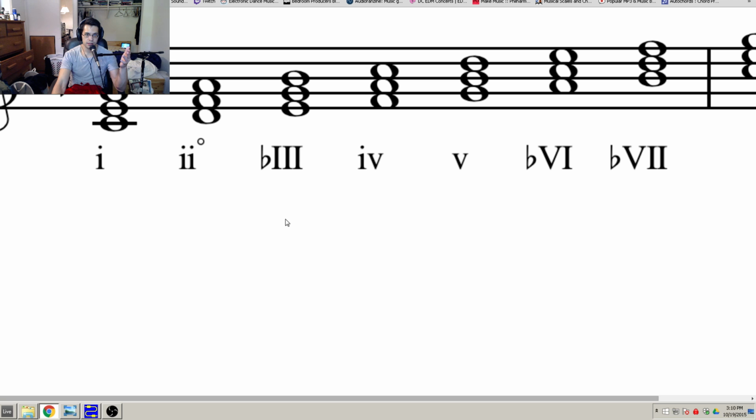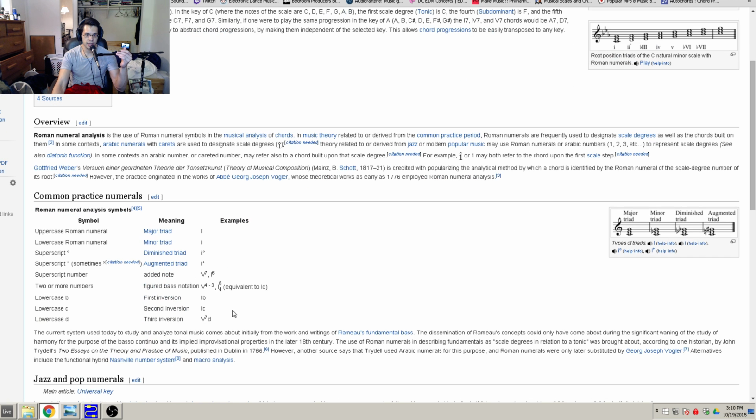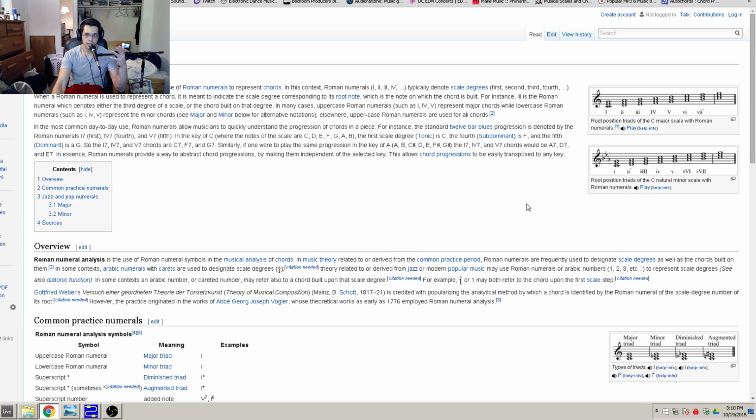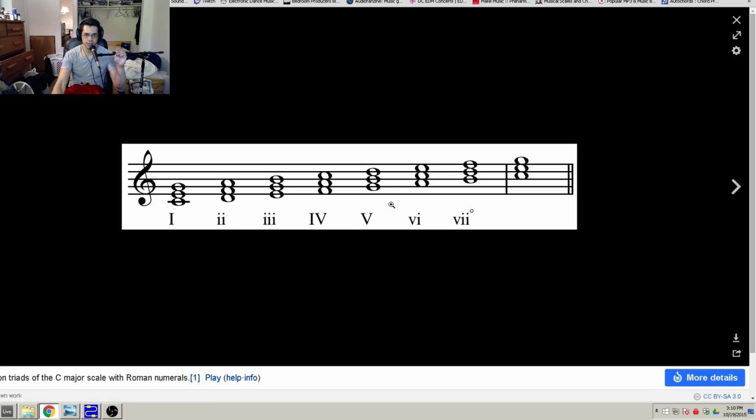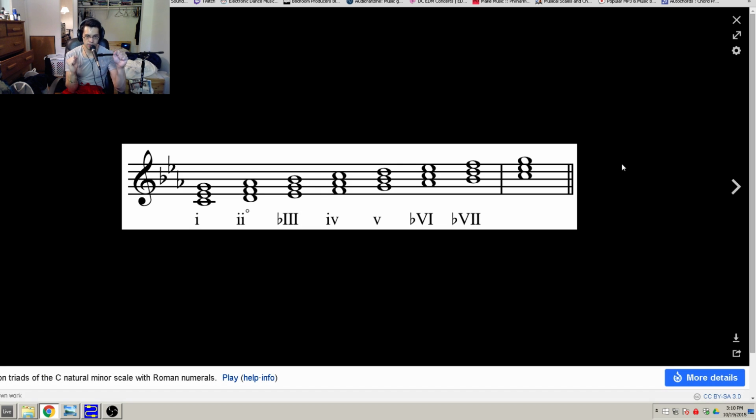And you can go to the Roman numeral analysis page on Wikipedia and they have the symbols there. But the important thing to remember is that Roman numerals apply to every single minor scale. Every single minor scale will always have these types of Roman numerals.